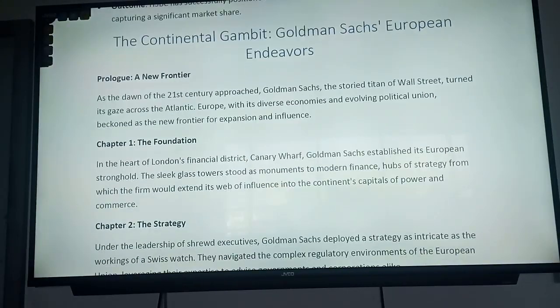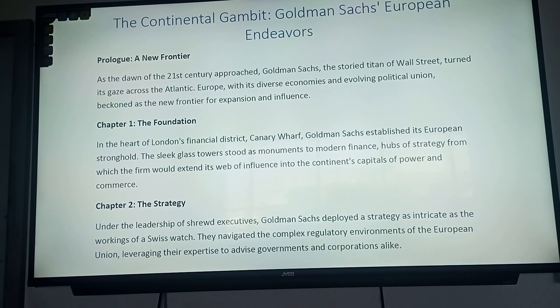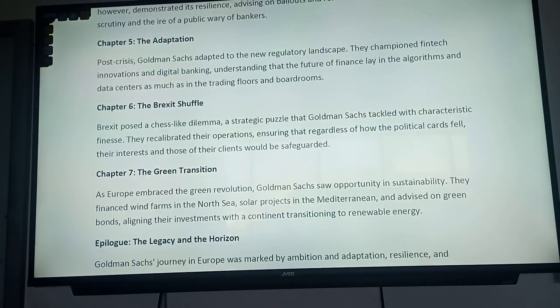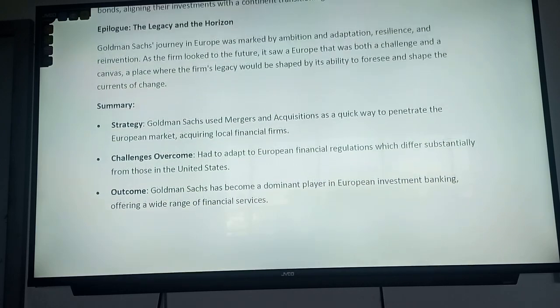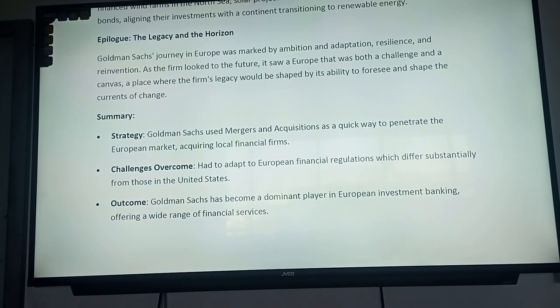Another case study given is the Goldman Sachs European endeavors established in the 21st century. Here you can also study the case, and here is a summarized view of this case study, where Goldman Sachs used mergers and acquisitions as a quick way to penetrate the European market, acquiring local financial firms.